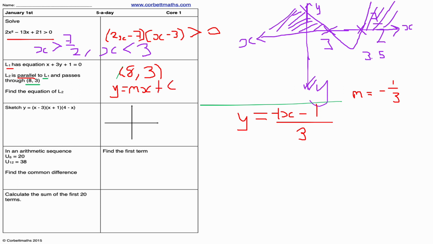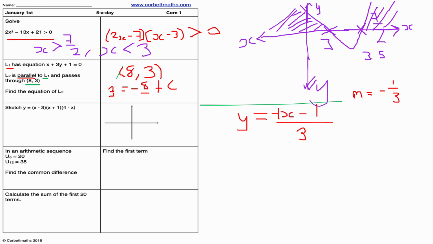We have a set of coordinates it passes through. So replacing y with the number 3, m with -1/3, and x with 8, we get -8/3 plus c.